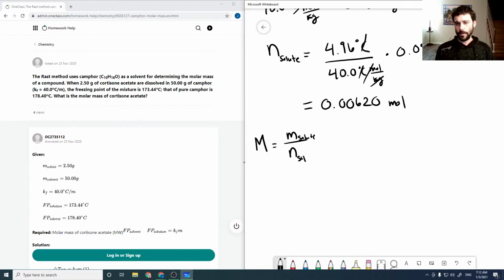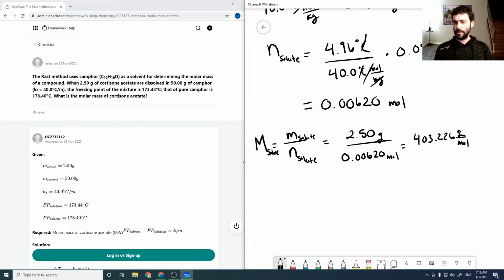And so these will all be solute, as we're looking for the molar mass of our solute. Our mass is 2.50 grams, which is given in the question, over 0.00620 moles, which comes out to be 403.226 grams per mole.